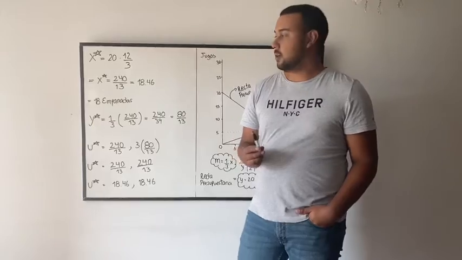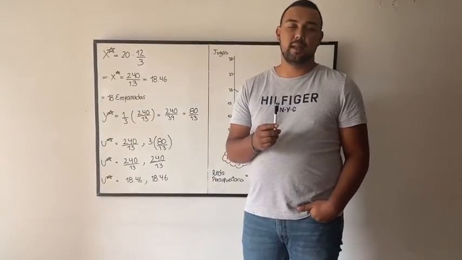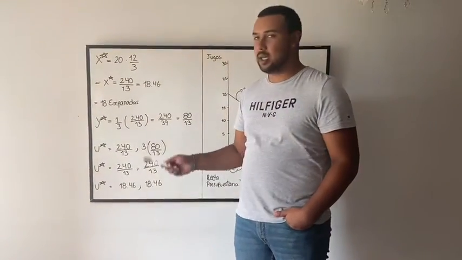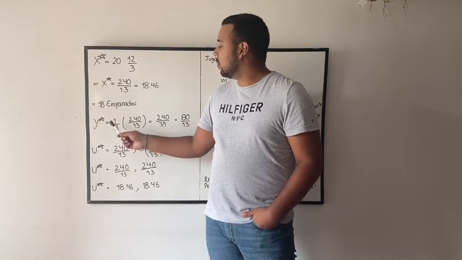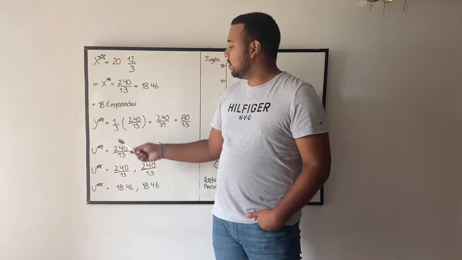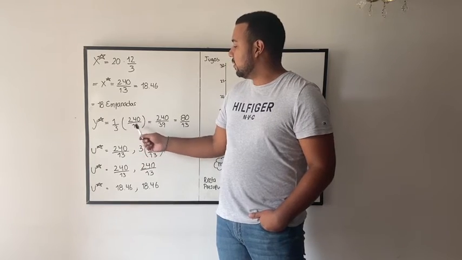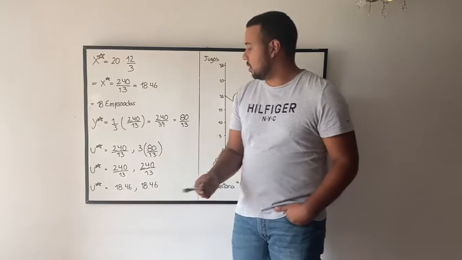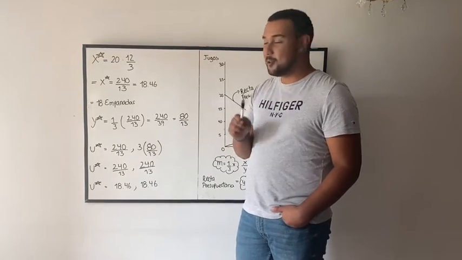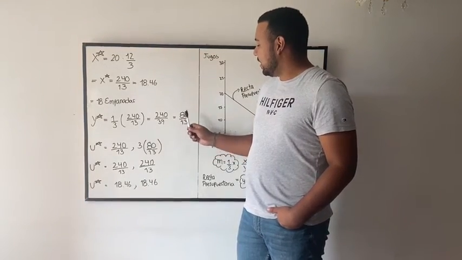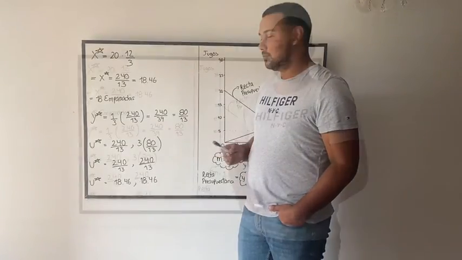Now, to find y star, we only have to replace in the formula, and we get this. Y star is equal to 1 divided by 3 multiplied by 240 divided by 13, which is equal to 240 divided by 39, which is equal to 80 divided by 13.